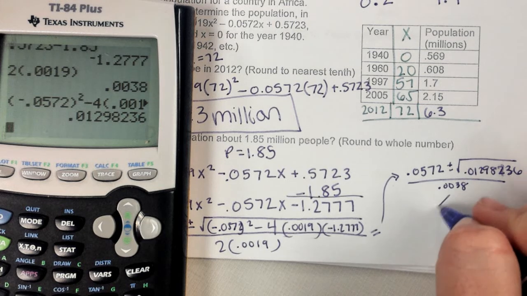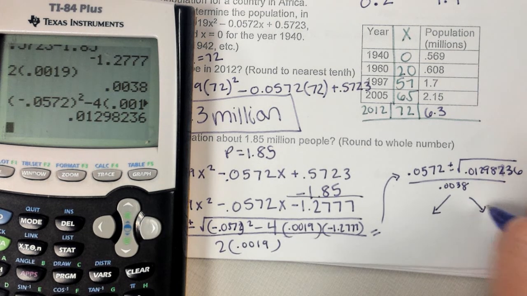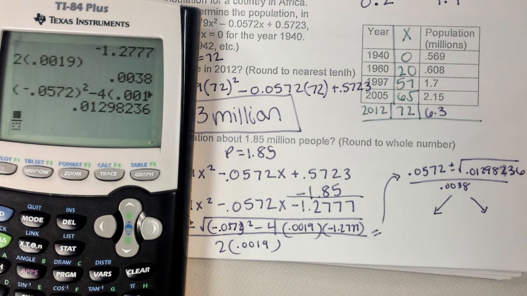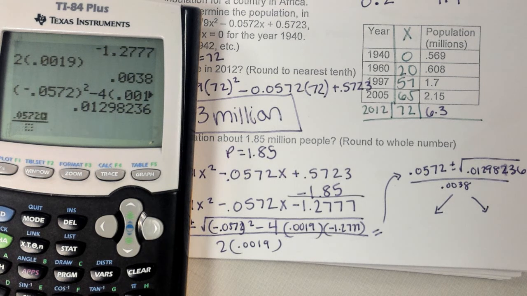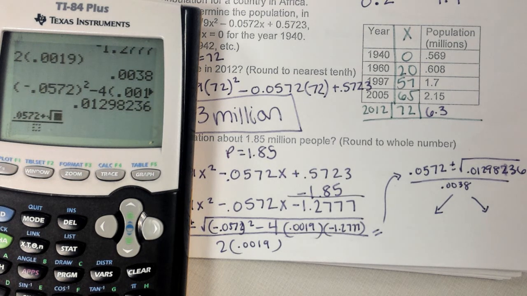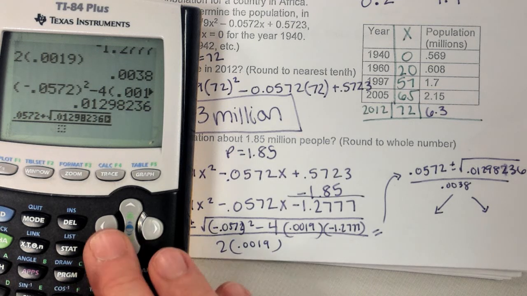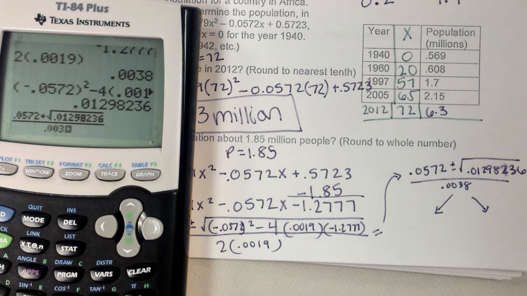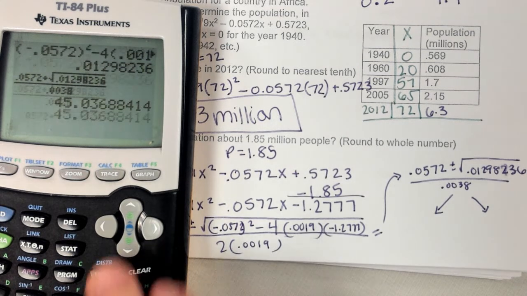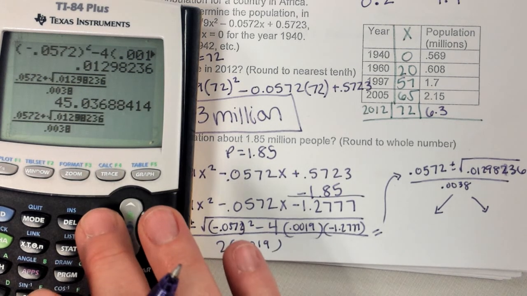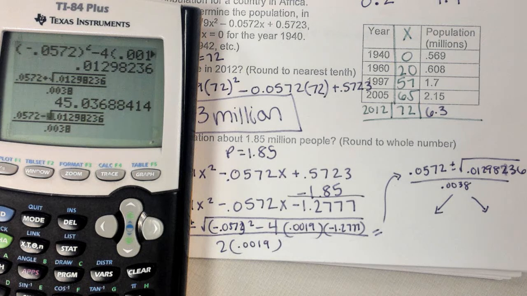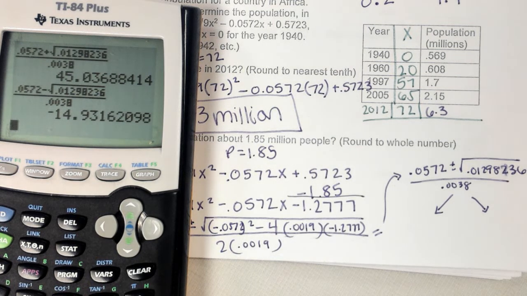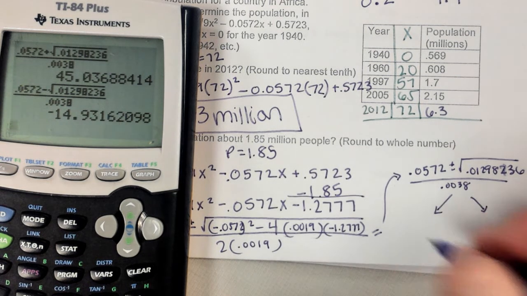And now the rest of it's calculator, and we only have to type it once. So alpha y equals enter. Okay, so I get these two numbers, and it says round to the nearest whole number.